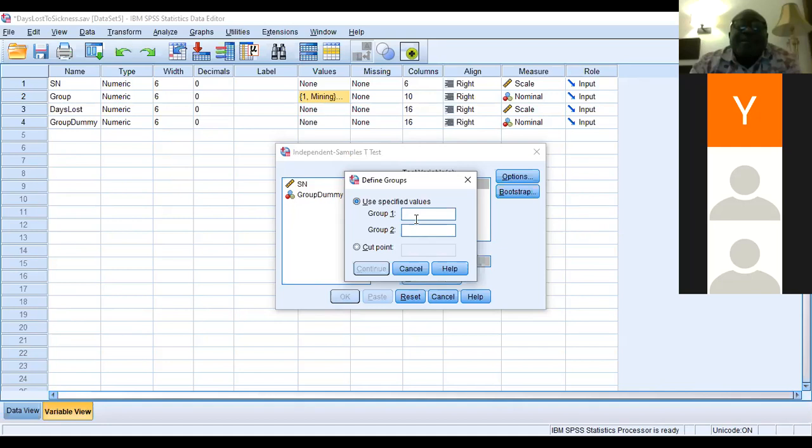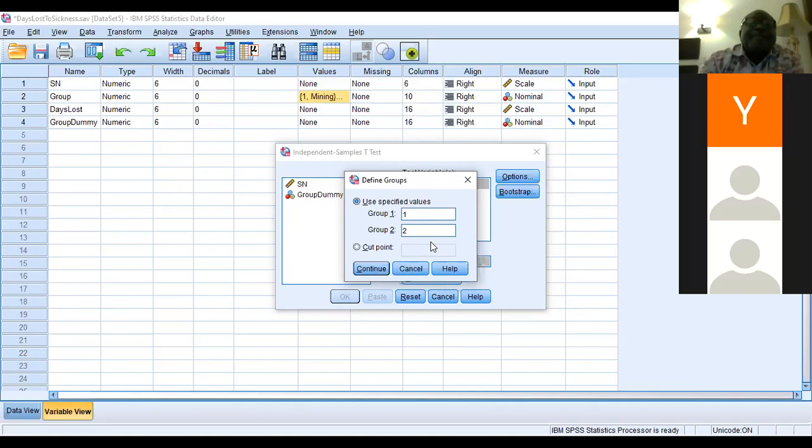You just put a number there so you know what to put there. So what I put is 1 and 2. So if you type mining, it will not go, because it's not mining and enter. But if let's say it's mining and construction, we type there, we enter there. That's what you have to type there. You get it now?